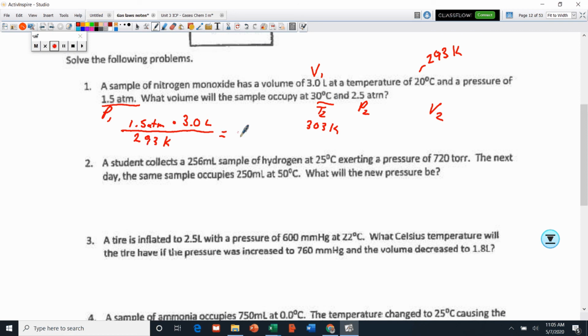And we're setting that equal to, I'll draw a line right there so I don't cross over, setting that equal to 2.5 atm times V2 over 303 Kelvin.